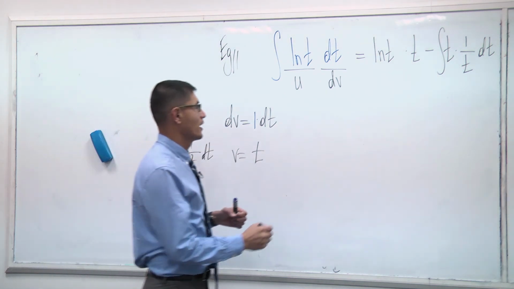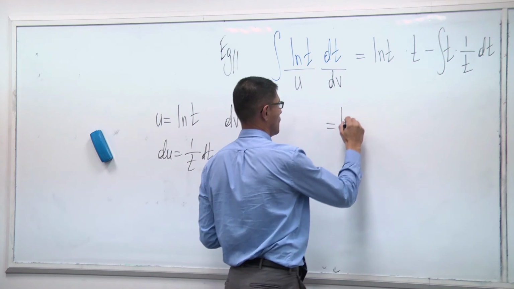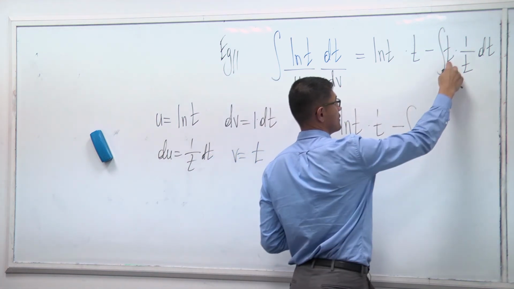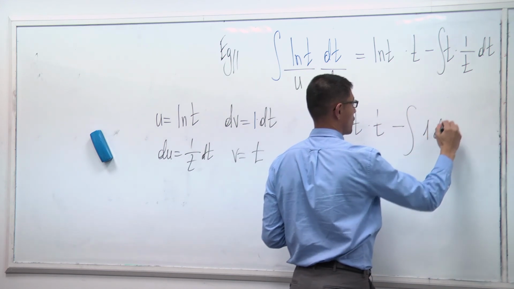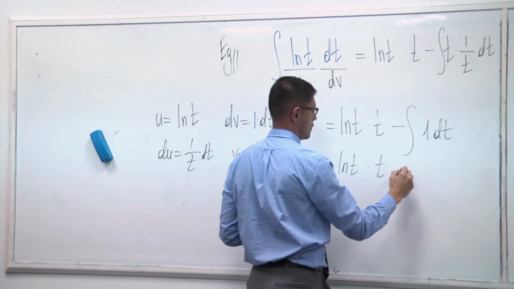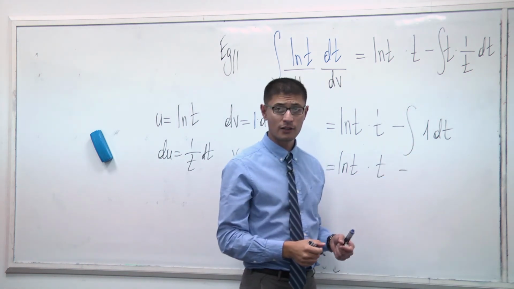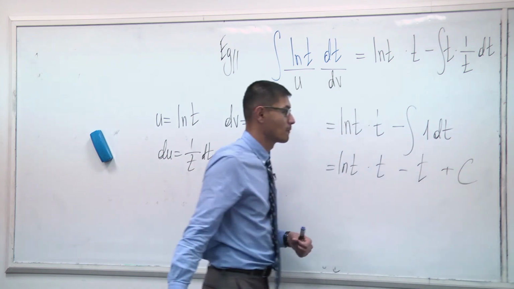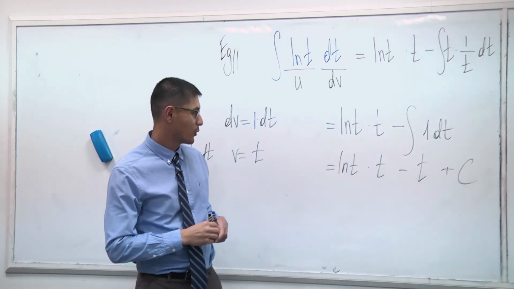All right, and let's see what happens. Notice that t and 1 over t cancel, so you have just 1 in there. And what is the integral of 1 dt? It's just t. Okay. So there we go.